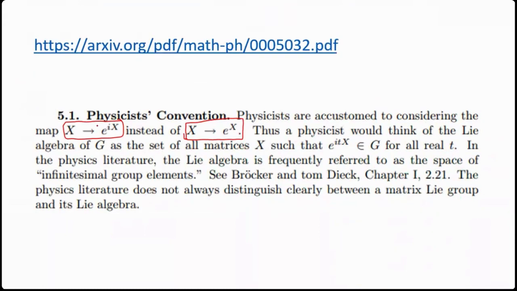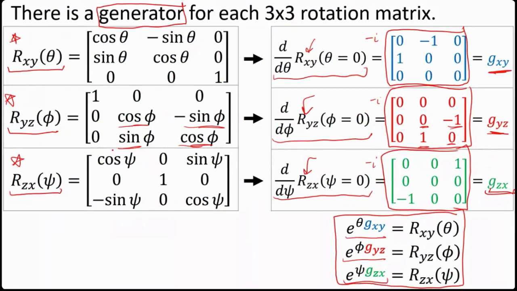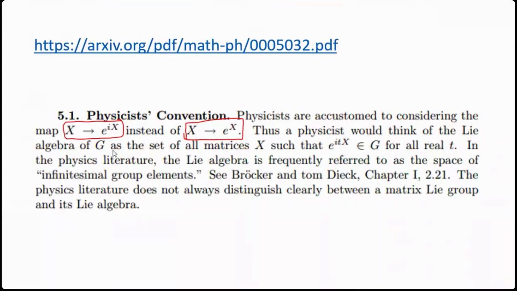That's because physicists and mathematicians disagree on what the generator should be. But the zeros and the ones will be in the same places. It's just that an i or a minus i might be multiplied in. So that's just something to be aware of. Physicists also like to add some constants like h bar over 2, or just 1/2, because those generators will give you 2 if you multiply them between themselves.